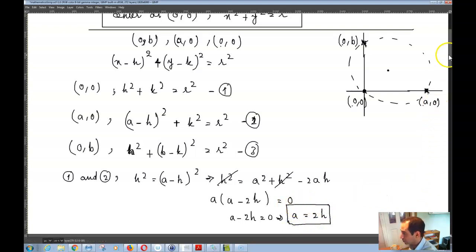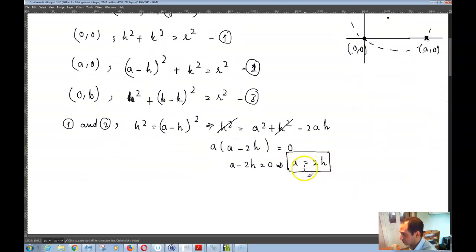Or you can say that if basically a minus 2h is equal to 0, you can say that a is equal to 2h, or basically h is equal to 1/2 a.